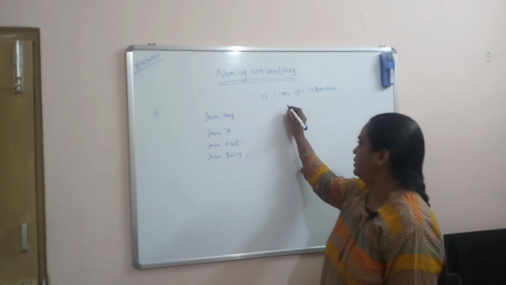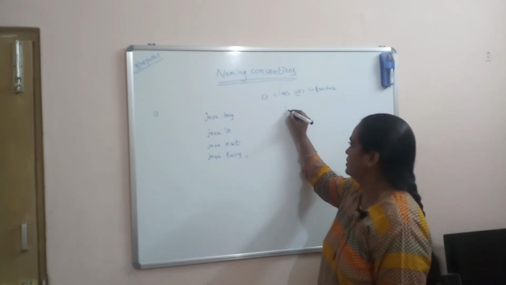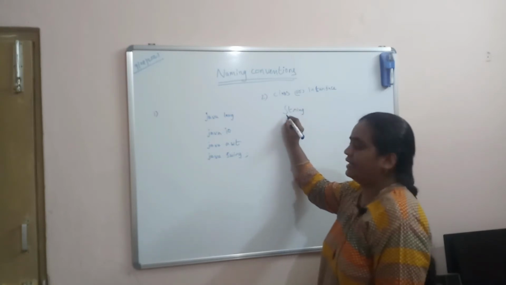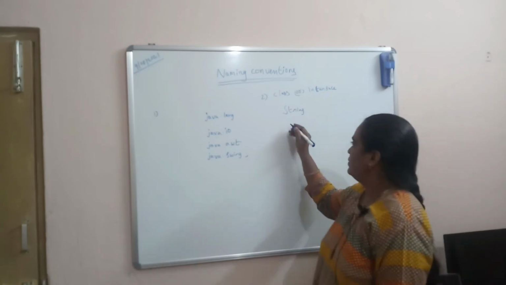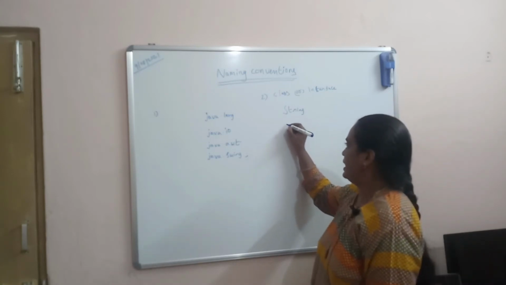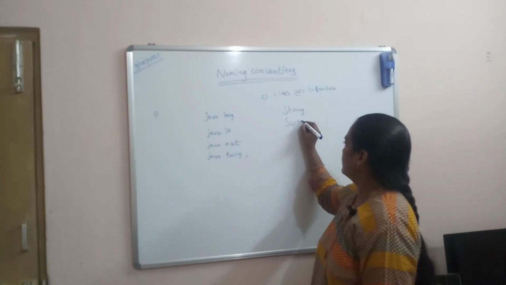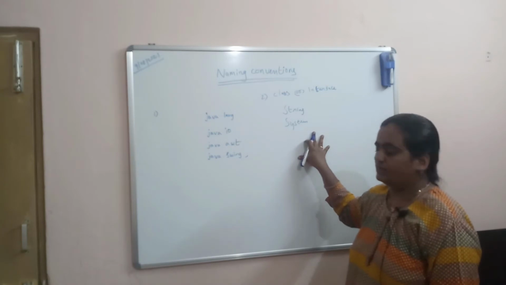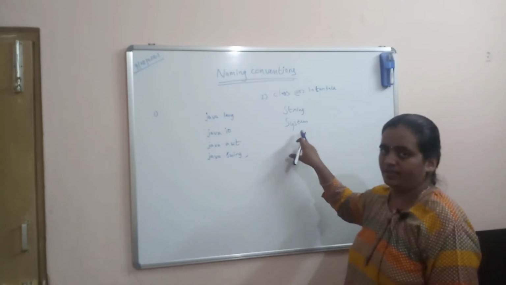For example, in previous programs we wrote the String class. The first letter of the class name should be a capital letter. Take another class, System. But if the class name has two words, every word should start with a capital letter.